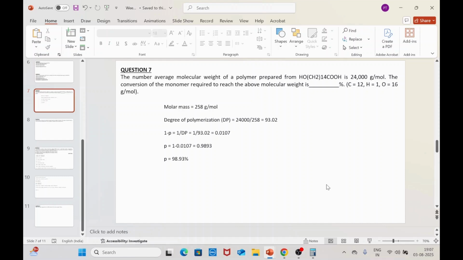No, so let me just tell. This is a monomer, and this is not the repeating unit. So when you calculate degree of polymerization, you actually divide the number average molecular weight by the molecular mass of the repeating unit, right? Because that's what is going to give you the polymer.